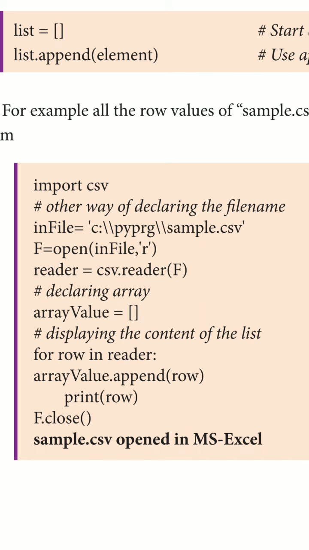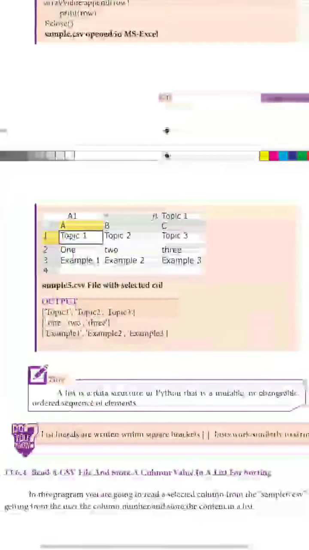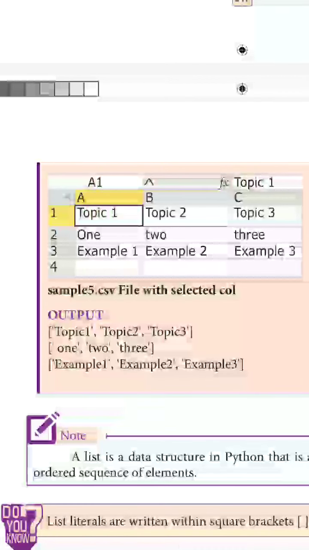So for is the for loop, which gets each row from the reader, and you can see array_value.append(row). Okay, so now the empty list is being added with each row in the CSV file. Okay, so on the next page you can see the output. Okay, so this is the output of the file.